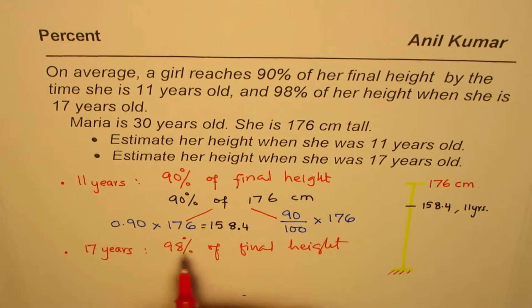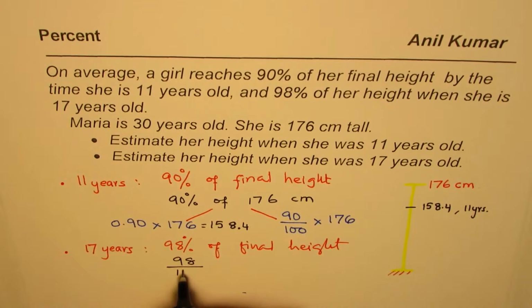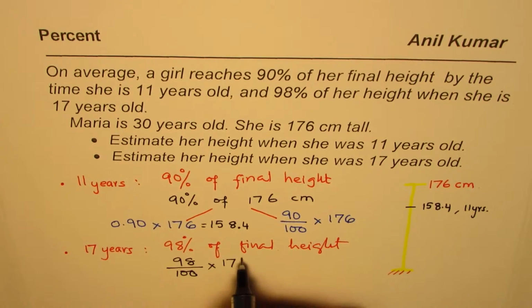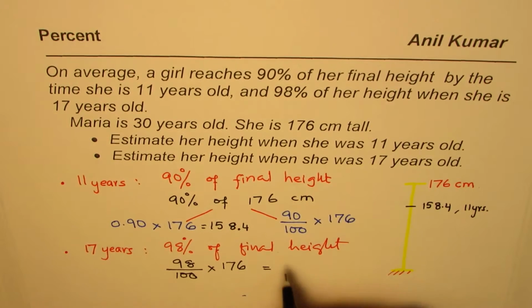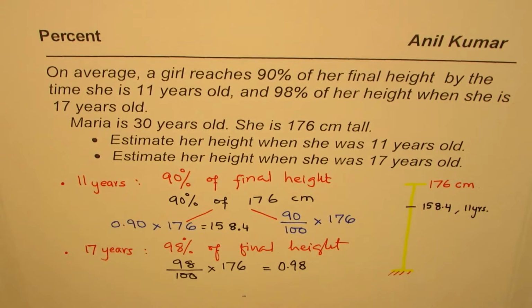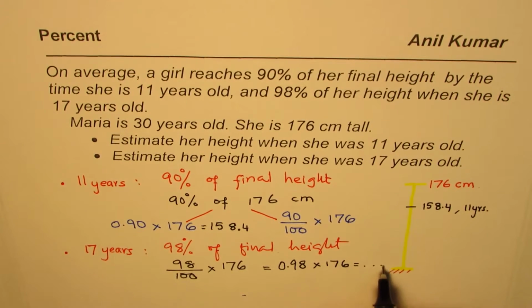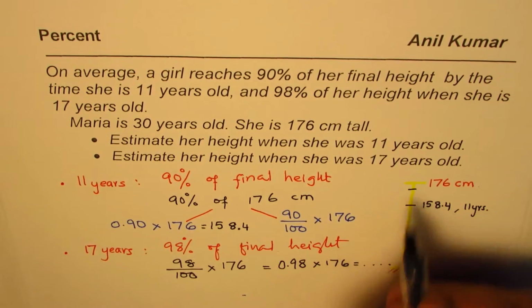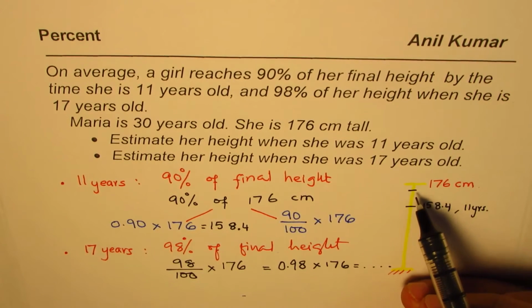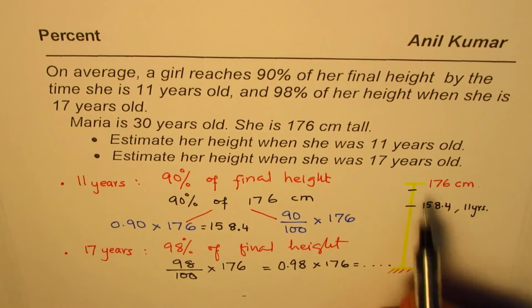And that is, you can say this should be equal to 98% means 98 over 100, of means times final height 176, correct? Or you could also divide 98 by 100, you get 0.98. That is writing percent in decimal, same thing, times 176, correct? So I'd like you to do this calculation using a calculator and then place a mark here. It will be slightly lesser than 176. Figure it out, right? And write down your answer.